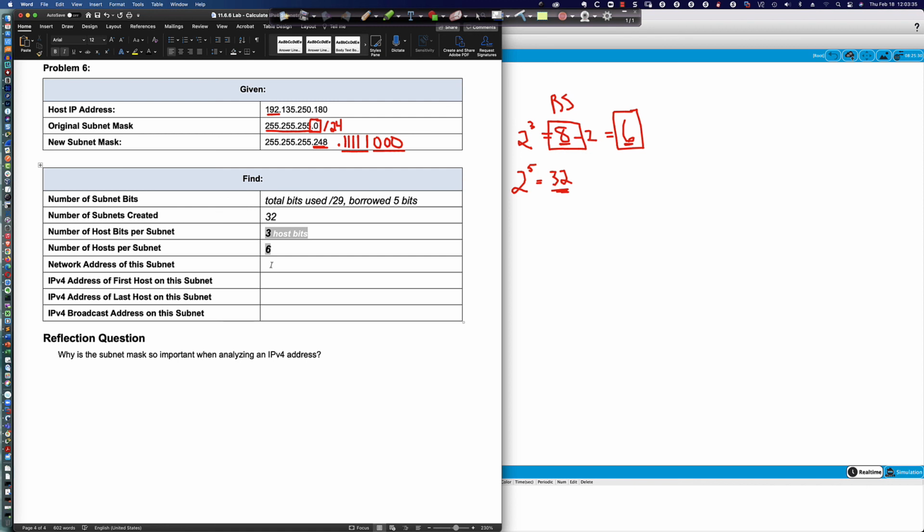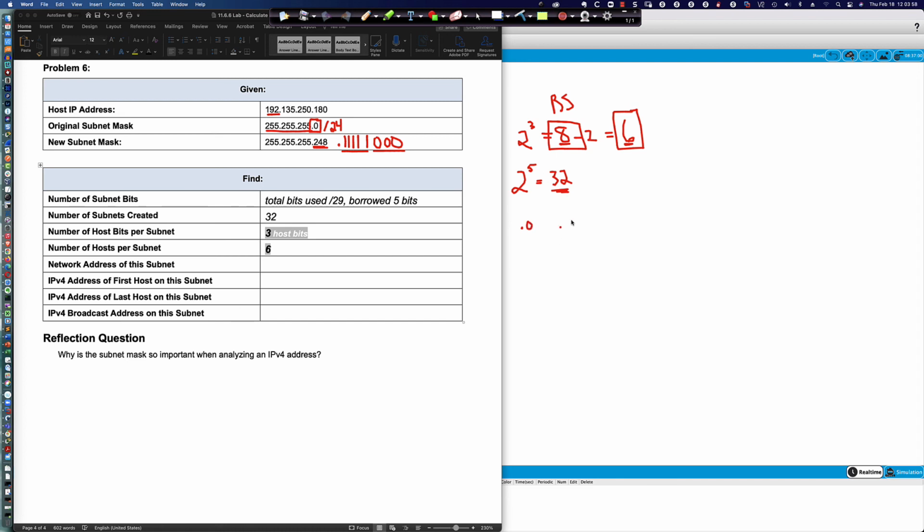Network address. Now, if we take a look up here, we're going to have 32 subnets. So if I was to try to do this by hand, this is where you might get to the point of diminishing return and say to yourself, well, maybe that binary ANDing is going to be important here. And that's what we're going to do. Because if I was to try to work this out, I would say, okay, we start at .0, that's subnet 1.